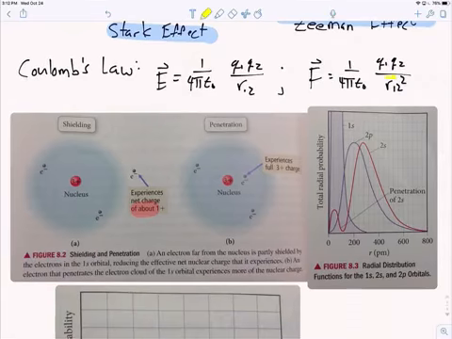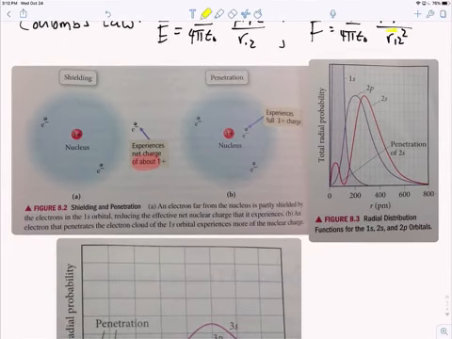And then shielding, I mentioned shielding. So how shielding works, and I'll show you something soon. Lithium, for instance, has 3 electrons: 2 electrons in the 1s orbital, 1 in the 2s orbital. So if I'm lithium and here's my positive nucleus center, this electron out here, there are 2 electrons here that shield this outer electron.